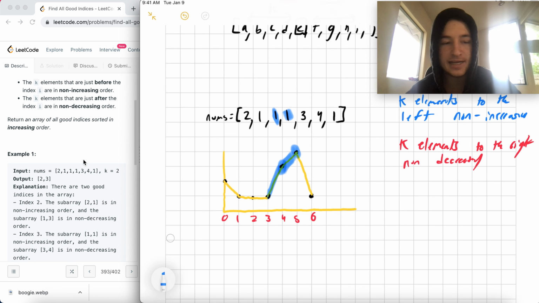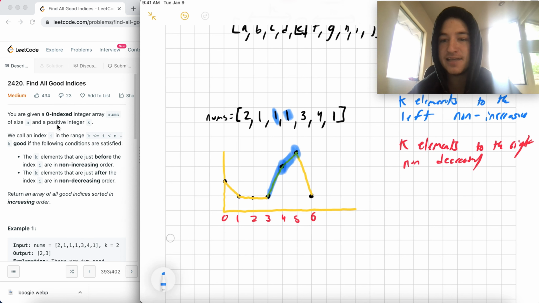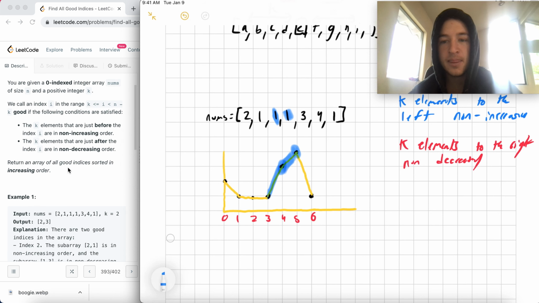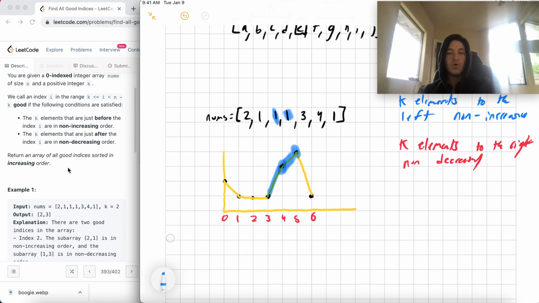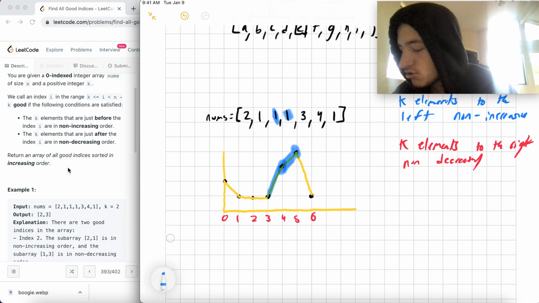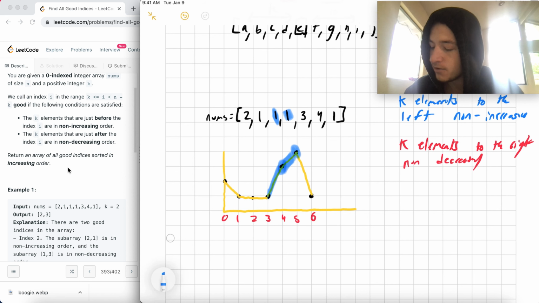Now what's weird is that this has been classified as a dynamic programming problem, but my solution feels more prefix sum-y kind of esque. So how would that work here?